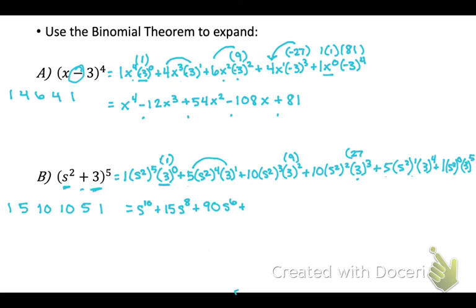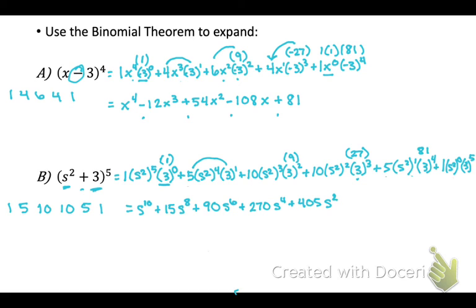So it's 27, so it would be 270 s to the 4th. Plus 81, because it's 9 times 9. So 405? That's what I get. Okay, so 405 s to the 2nd.